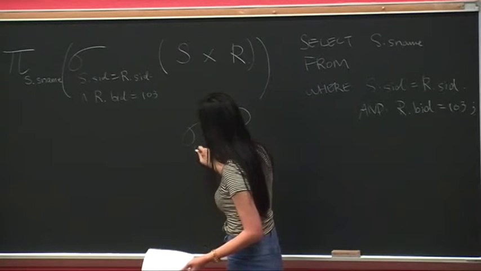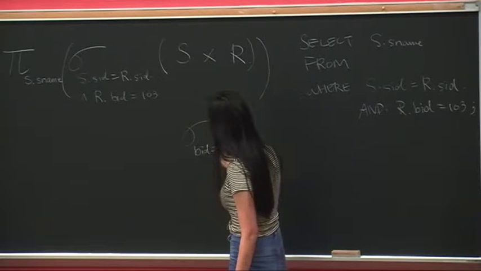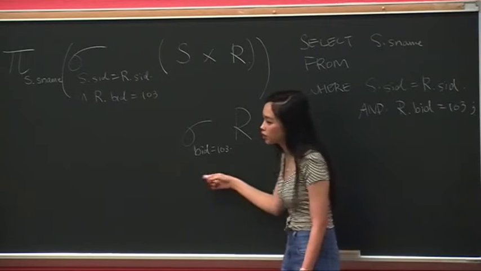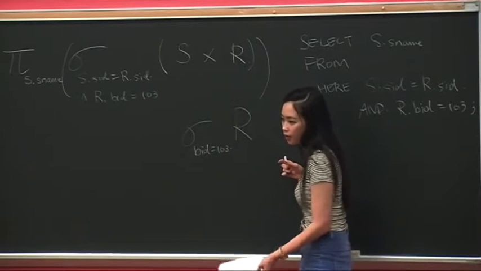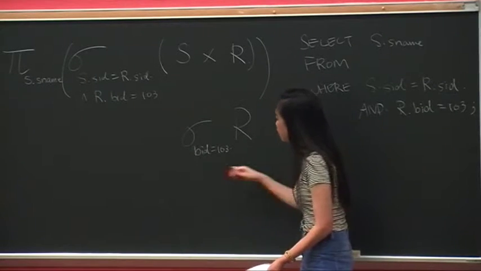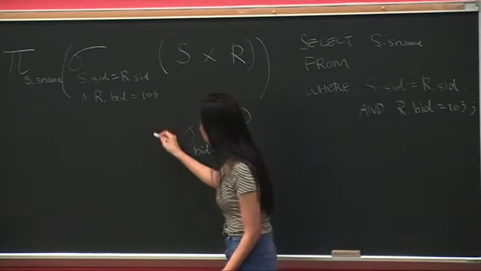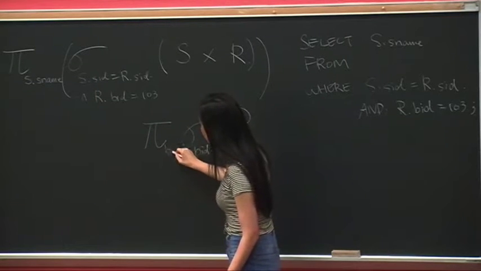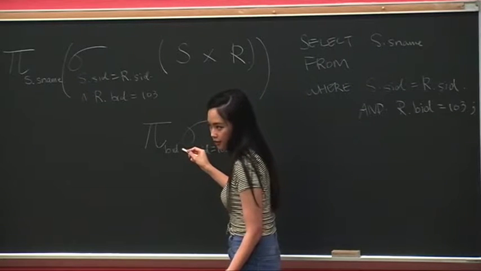Here we only need BID equal 103 first, okay? Because that's the only thing we care about. We don't care about the other IDs. So we can take this out first, and then do a projection because we only want the BID.